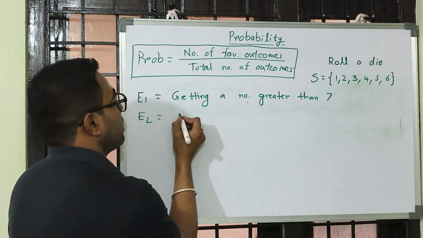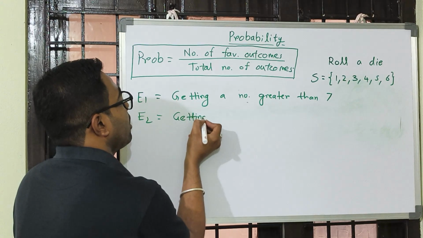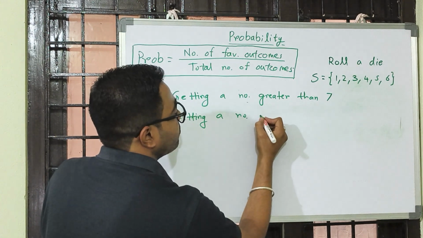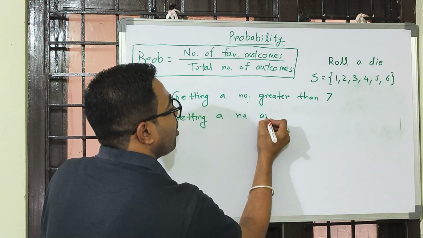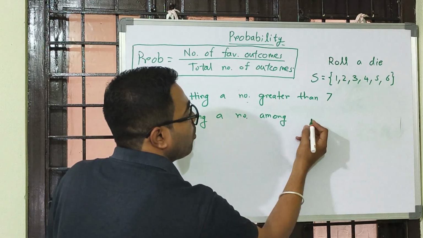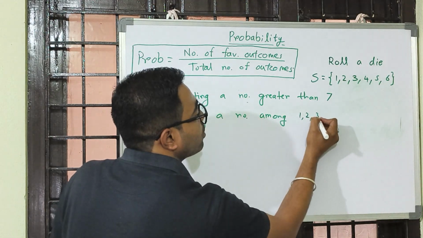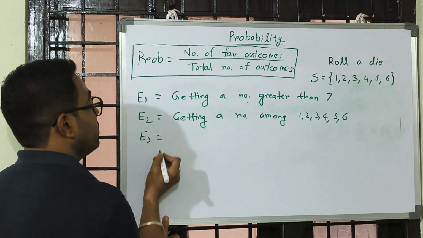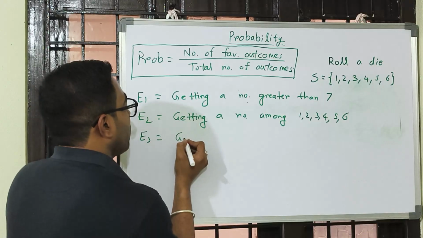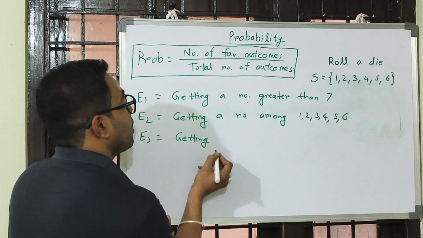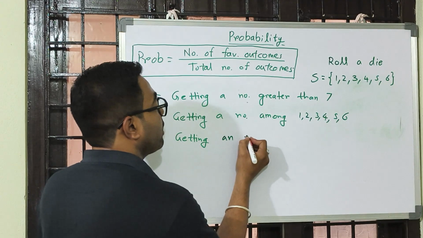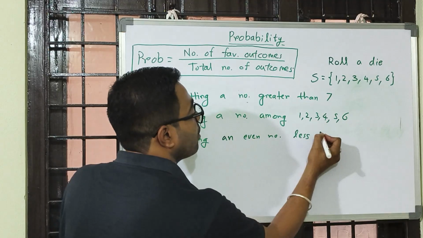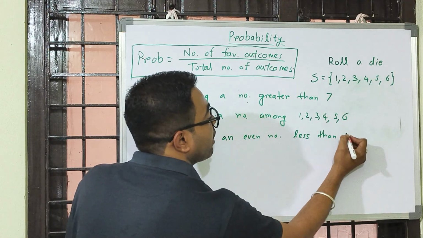Second event is getting a number among 1, 2, 3, 4, 5 and 6. And the third event is getting an even number less than 8.